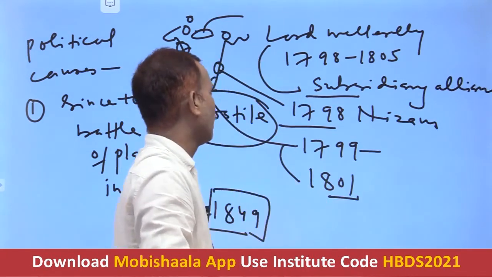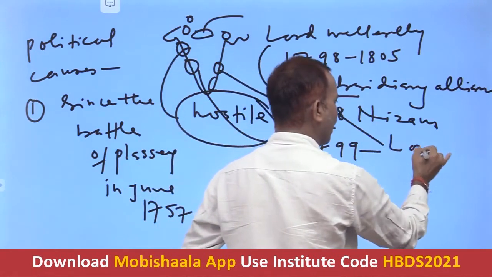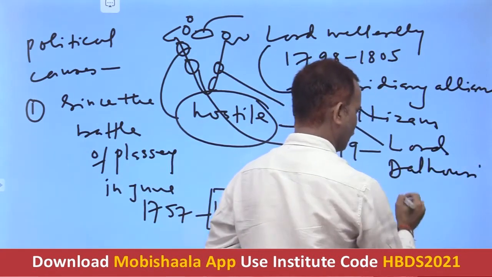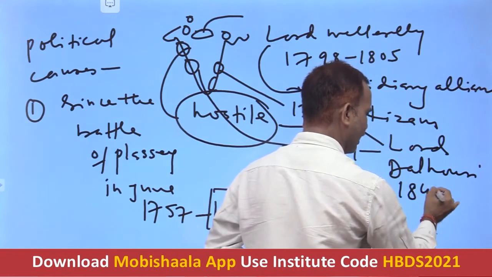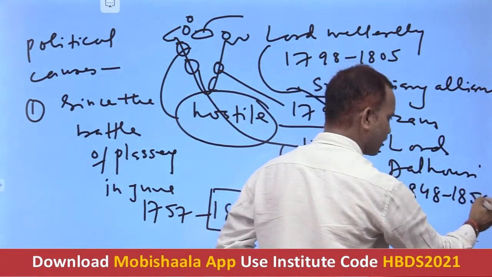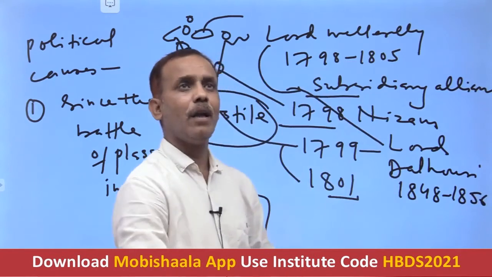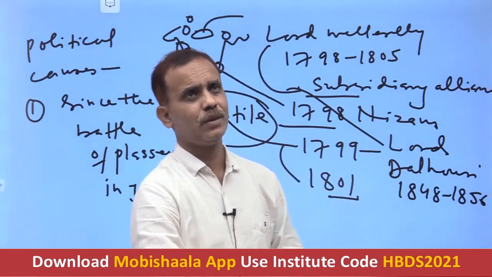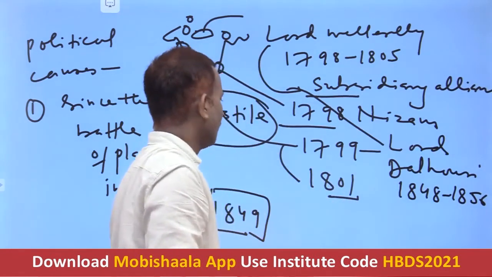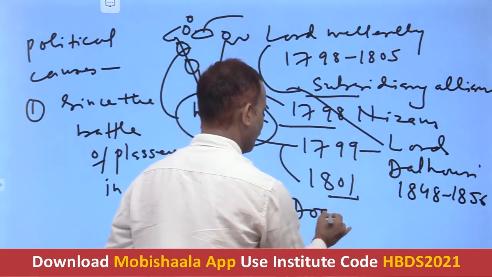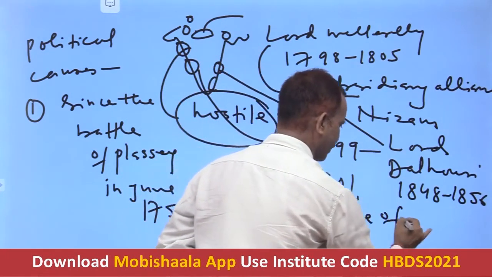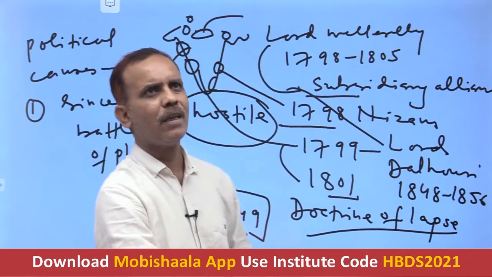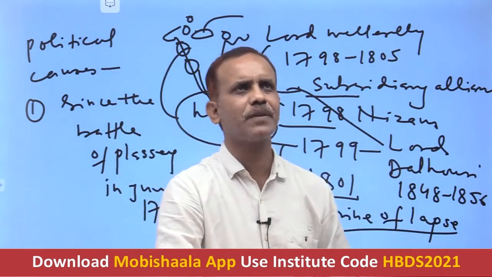Later on, Dalhousie also came to India. Lord Dalhousie, from 1848 to 1856, also presented an imperial instrument known as the doctrine of lapse.